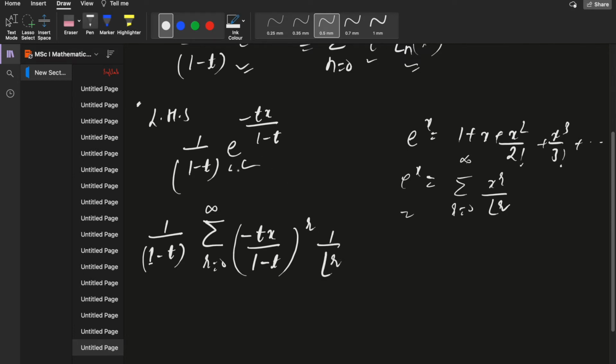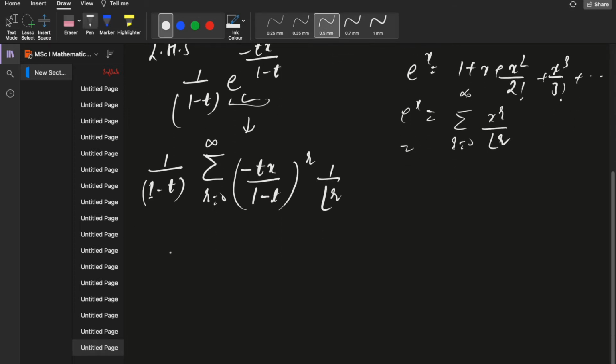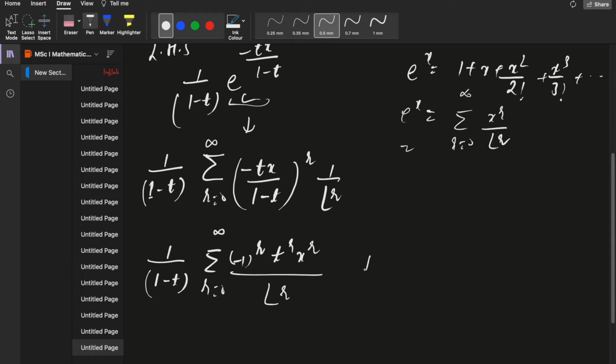Rewriting, in summation r tends to 0 to infinity, this is minus 1 to the power r t to the power r x to the power r upon factorial r, and 1 upon 1 minus t to the power r.